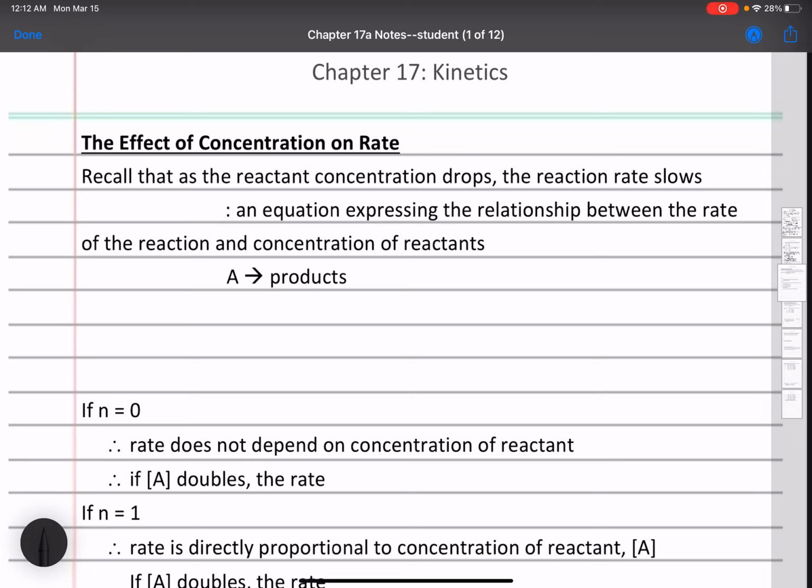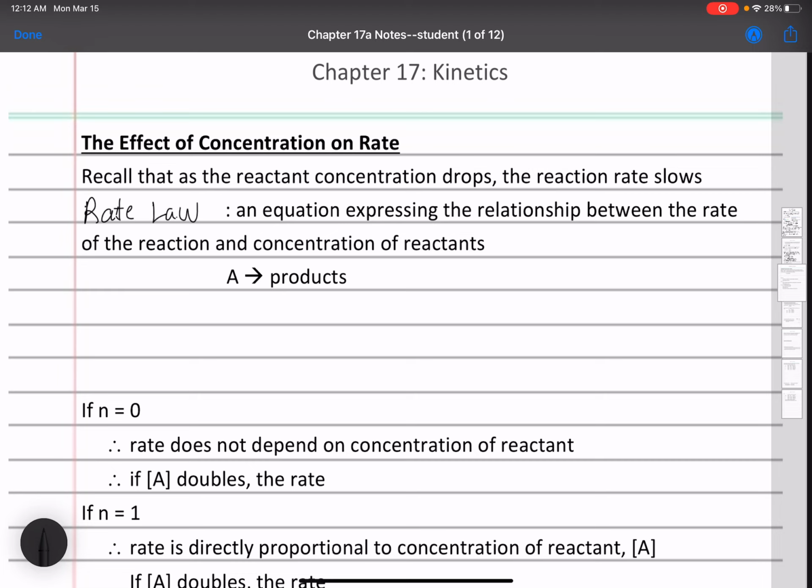Each reactant in an equation might have different effects on the rate. And so the math that we use to identify the relationship of the concentration of a single reactant to the rate of the reaction is called the rate law.